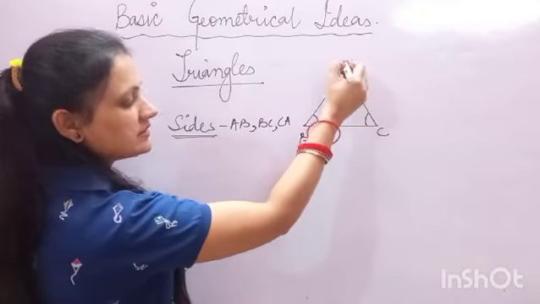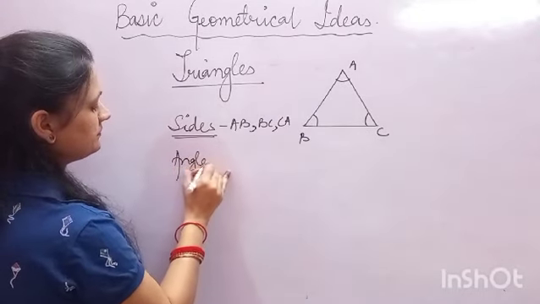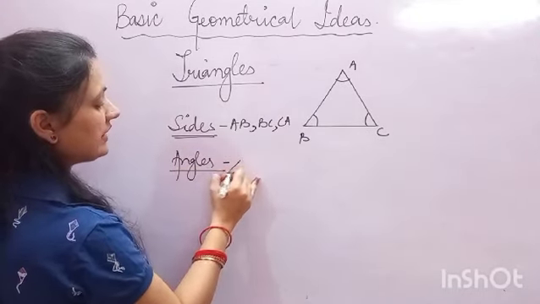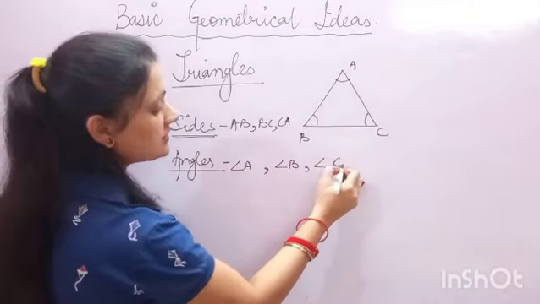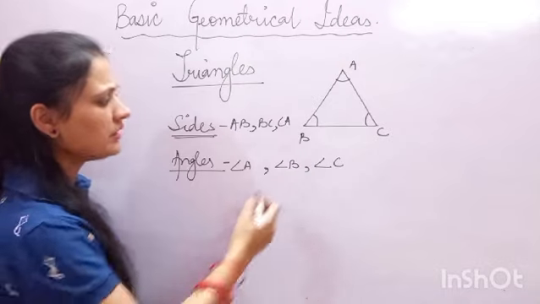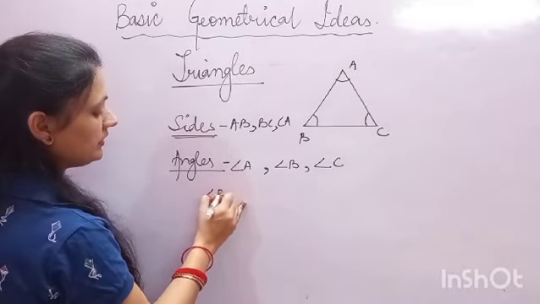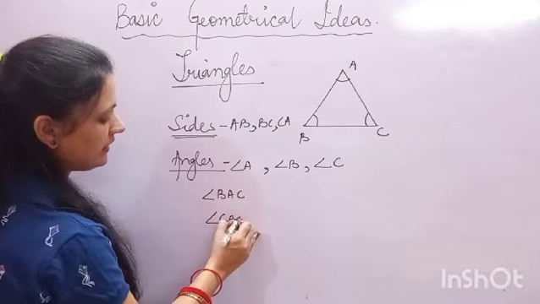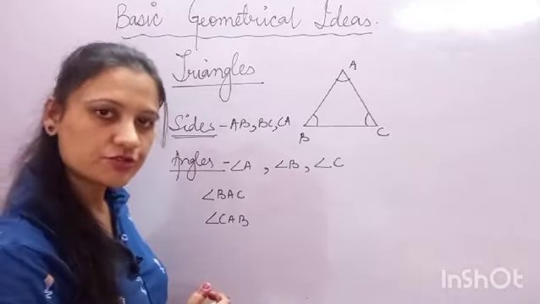Angles. Again, three angles, angle A, angle B, angle C, right? Three angles. We can name it like this also, angle BAC, CAB. So these are the three ways to write down angle A. Understood?